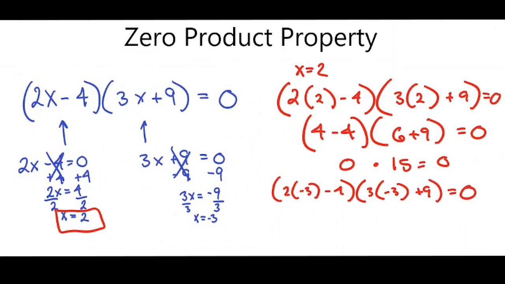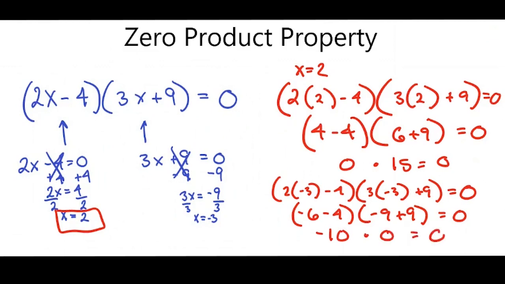Well, this is negative 6 minus 4 and negative 9 plus 9 equals 0. So this is negative 10 times 0 equals 0. Well, 0 equals 0. Check. So our answers are 2 and negative 3. And that's how you use the zero product property to solve equations.